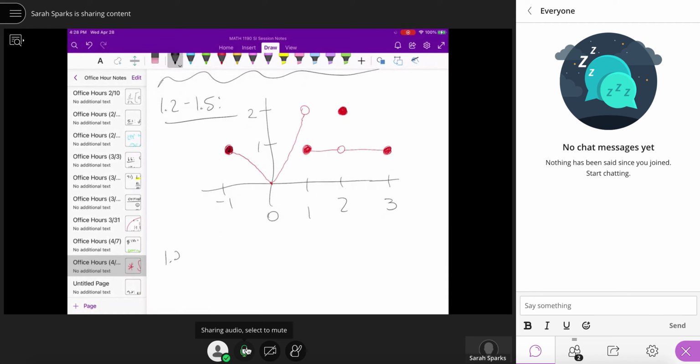So 1.2 asks us to find the limit, and I guess I should write this function is y is equal to f of x. So they want us to find the limit as x goes to -1 from the right of f of x.